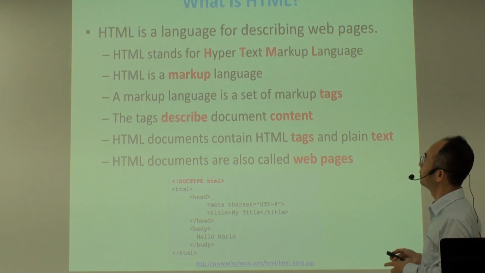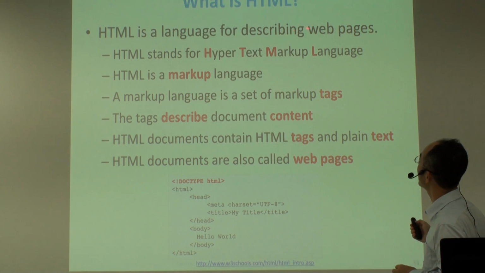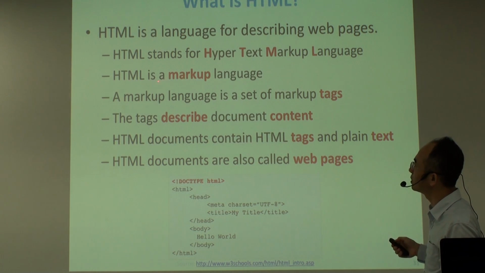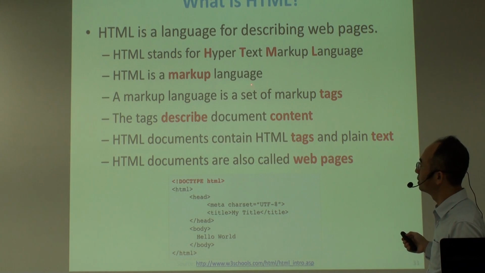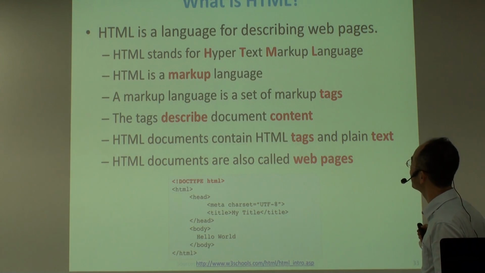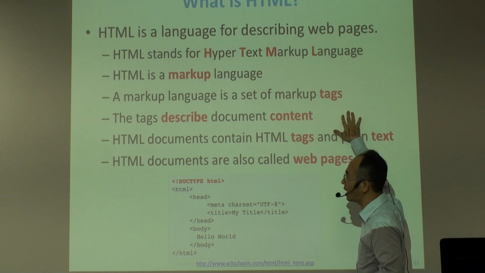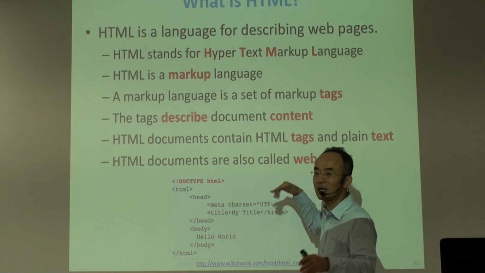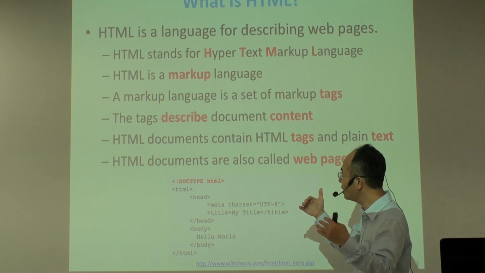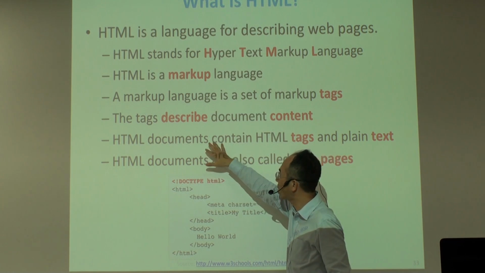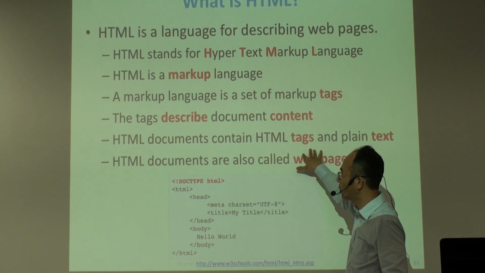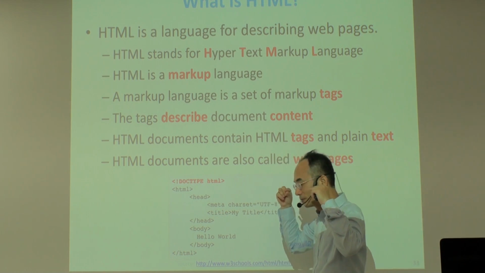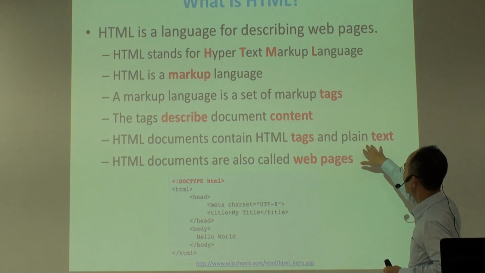So what is HTML5? HTML5 is a language for describing web pages, and HTML stands for Hypertext Markup Language. HTML5 is a markup language. A markup language is a set of markup text. You know there are keywords called tags, and text describing document contents, for example, a header and a body with content. So HTML documents contain HTML tags, with a smaller-than and greater-than sign, and plain text.